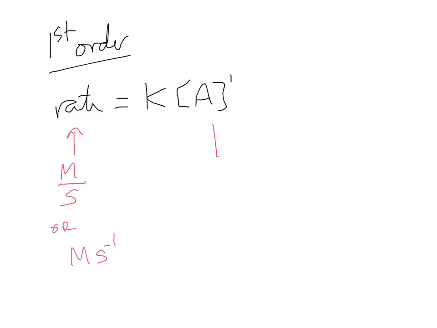And if we look at concentration, and since we're not squaring it, it's just got units of molarity, that means that we can calculate the units for a first order rate constant, and all we have to do is get the units on the left the same as the units on the right. And so if the left hand units are molar per second, and the right hand units so far are molarity, then we know that the first order rate constant must have units of per second.